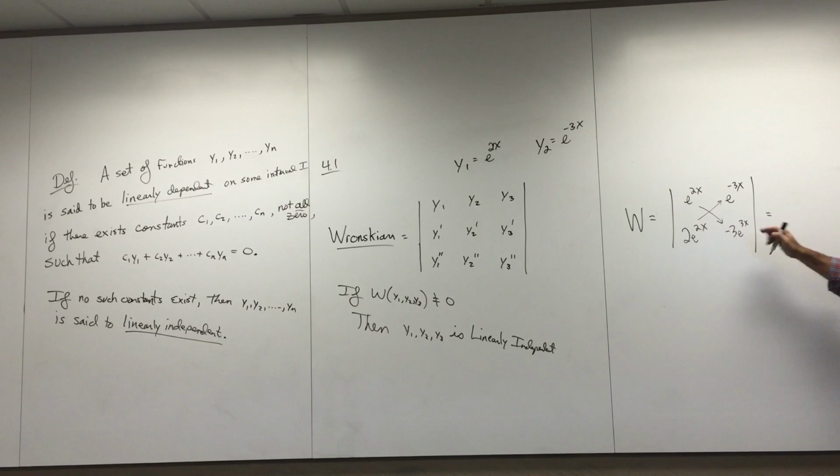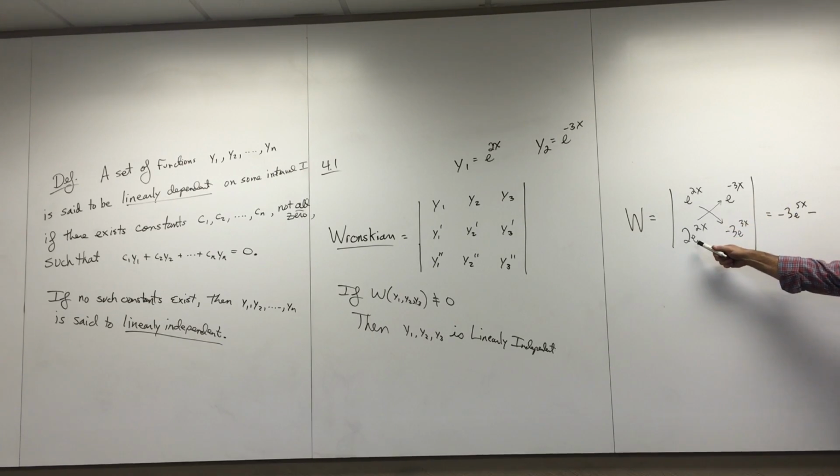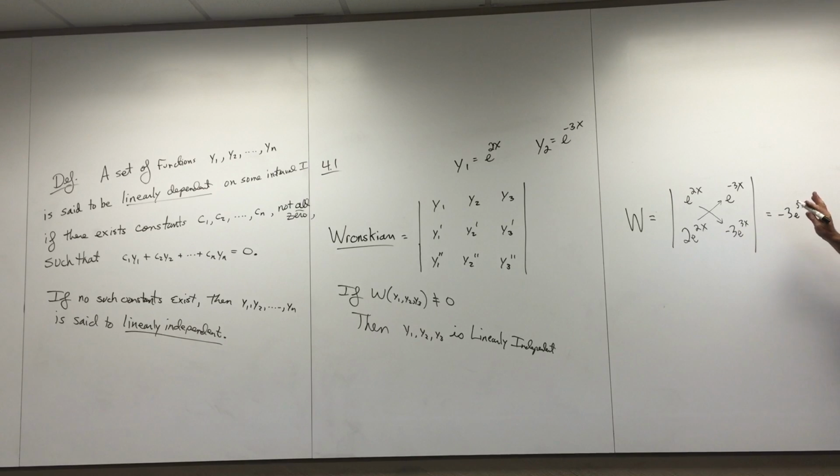If I multiply this, I get negative 3 e to the 5x minus the multiplication of this, which is, oh, wait a minute. I made a mistake. This was a negative 3x, you guys? Yeah. And so this is not 5x. I made a mistake. It's negative 3 e to the negative x minus 2 e to the negative x.